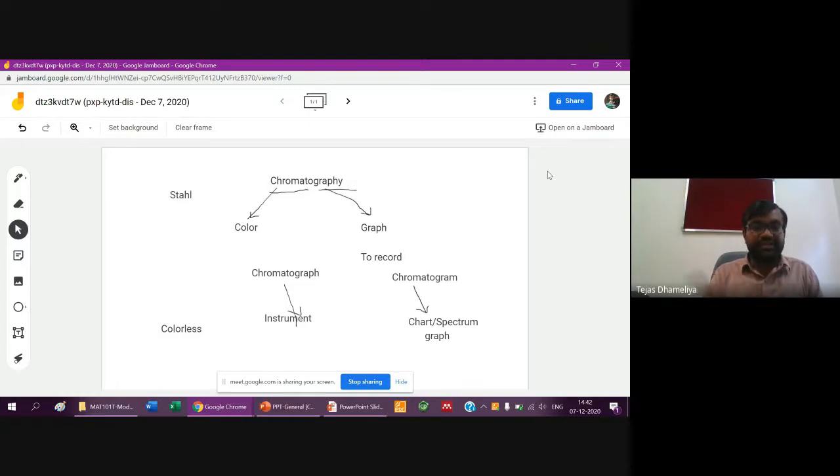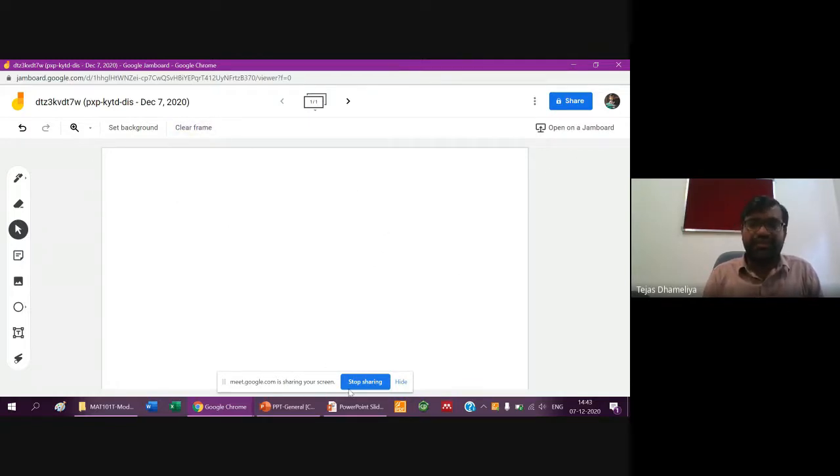So this way, these terms are completely different from each other, and you might have already learned this before. No issue. I just took a chance to interact with you people and to discuss these three terminologies. So I repeat, chromatography is a technique to separate compounds.